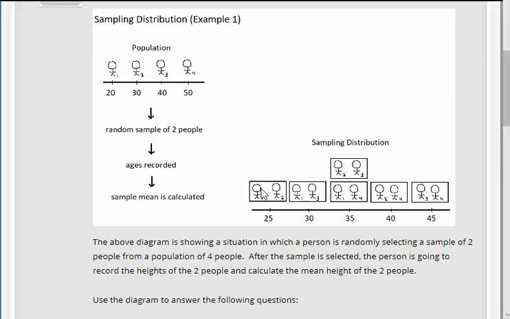If one out of the 6 boxes has a mean of 25, then the probability is 1 over 6, or 1/6. If 2 of the 6 boxes have a mean of 25, then the probability would be 2 over 6. So to get the answer, you just have to find the number of boxes out of 6 that have the sample mean of 25.